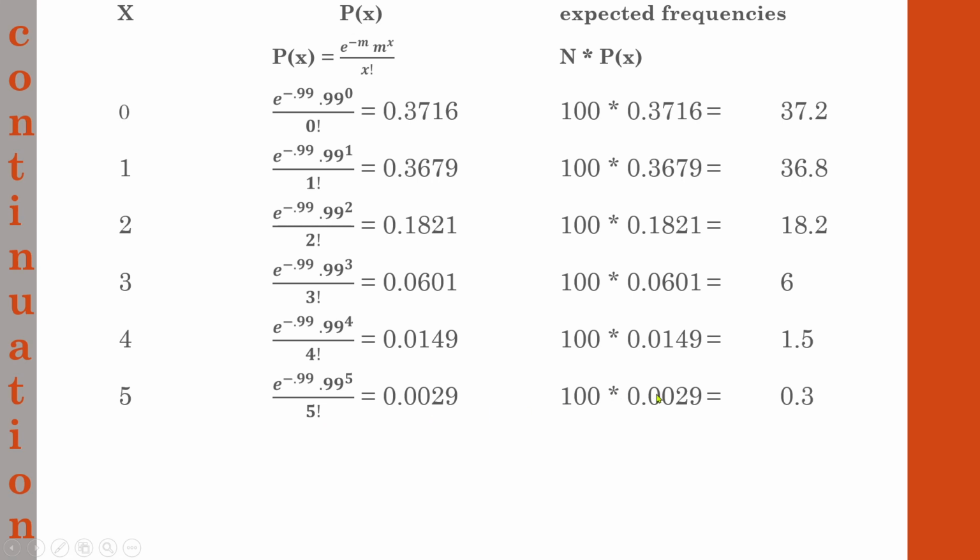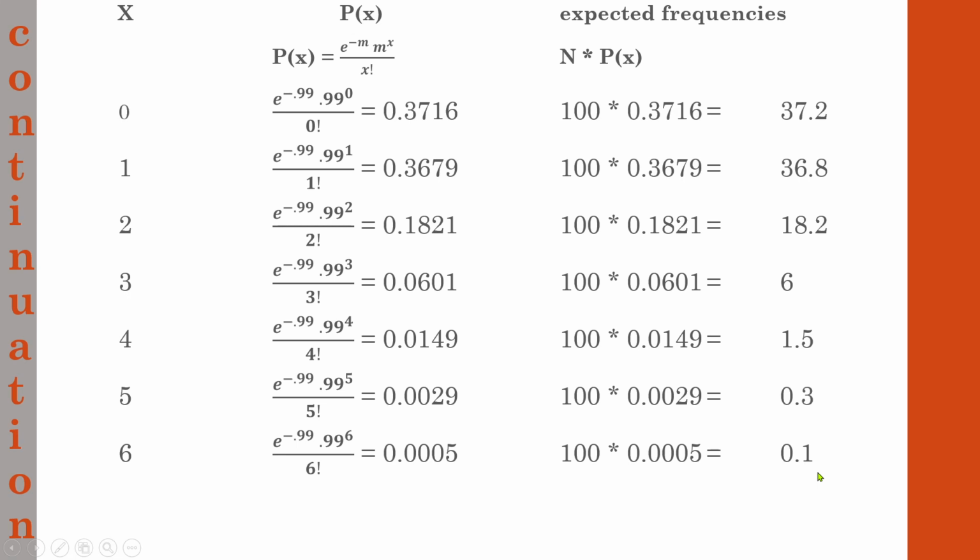If you multiply it with 100, you will get 0.3. And finally, it is 6, e raised to minus 0.99 into 0.99 raised to 6 divided by 6 factorial, you will get 0.005, which can be written as 0.1.